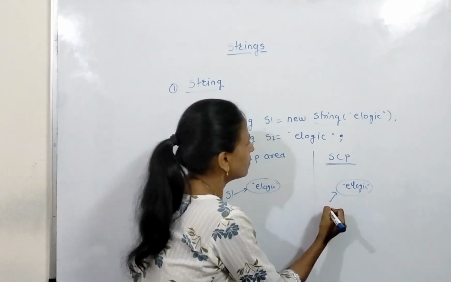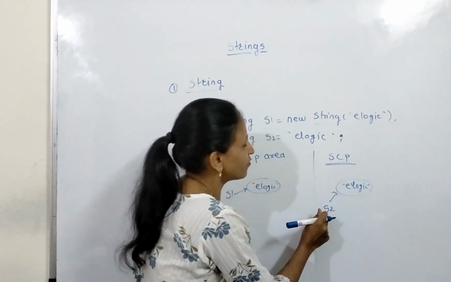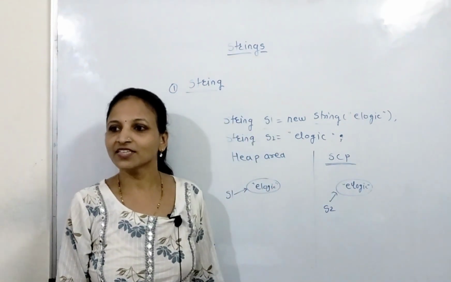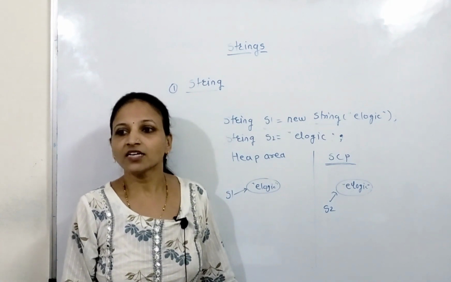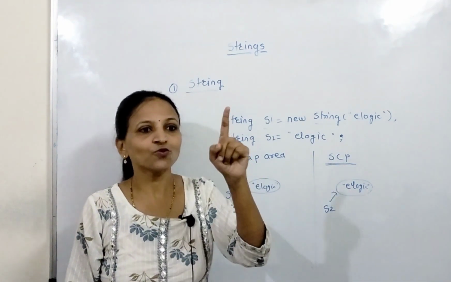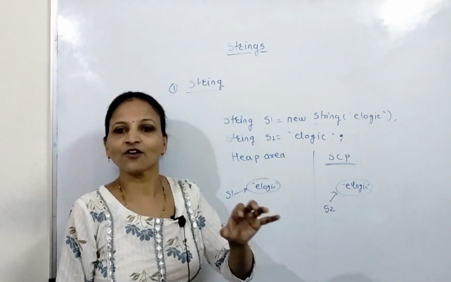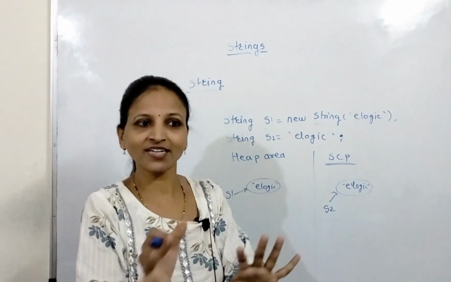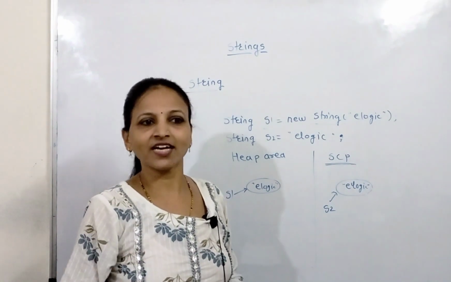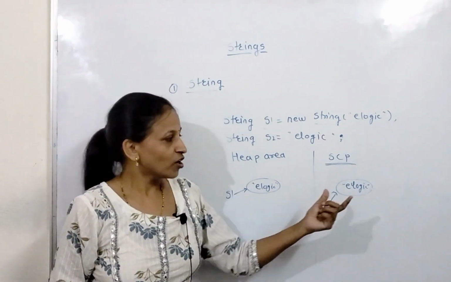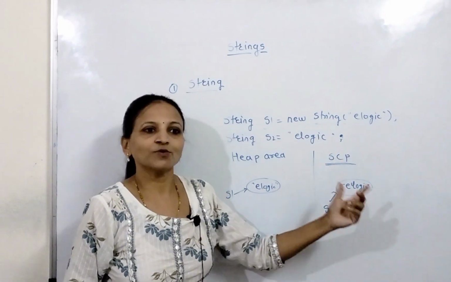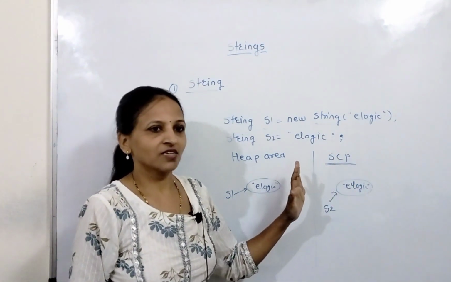The same object will now be referred to by S2. Means in the SCP section there will be only one object for a given content. The same content will not be copied again into any other object. For one content only one object will be present in the SCP section.